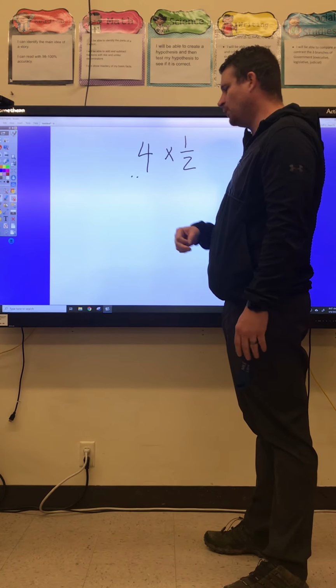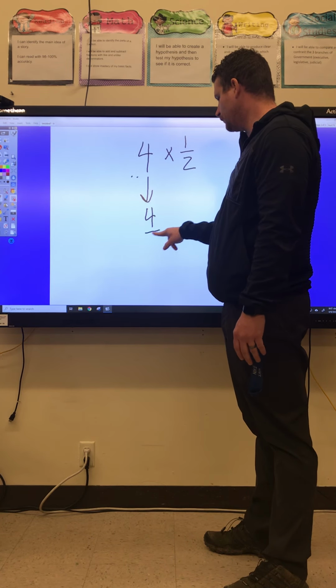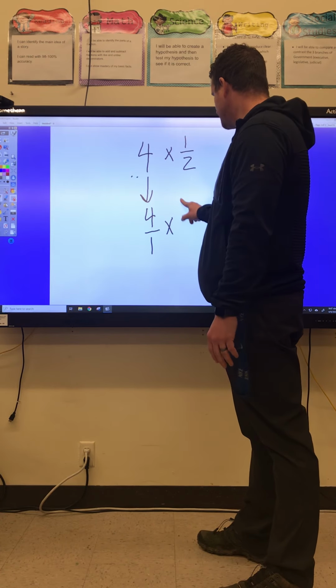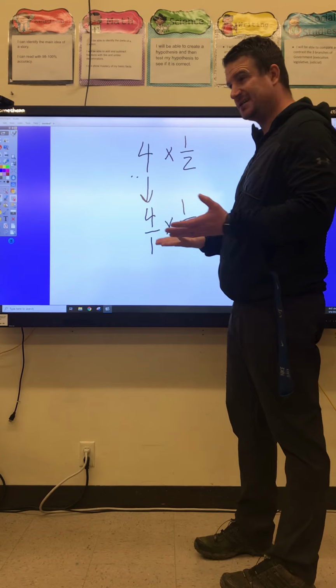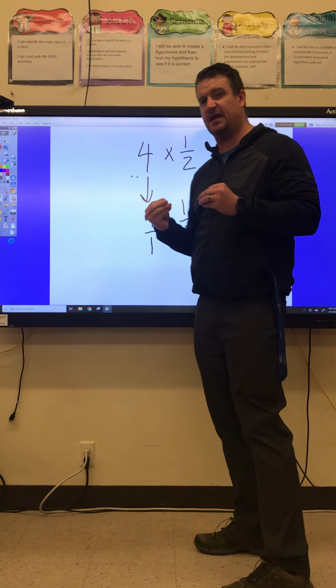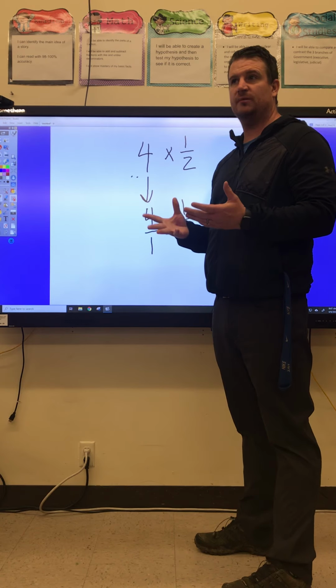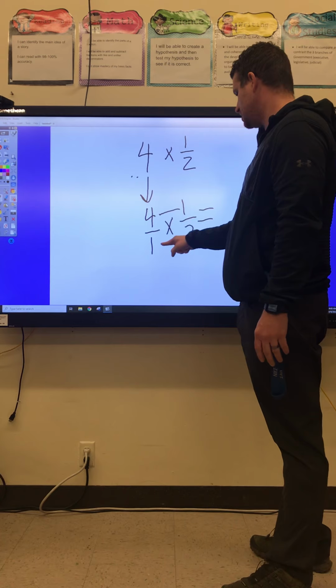So we can make 4 into 4 over 1. When you multiply fractions, you multiply them straight across. It's pretty easy. The biggest problem is understanding how to reduce them to the simplest form. So we multiply straight across, guys.